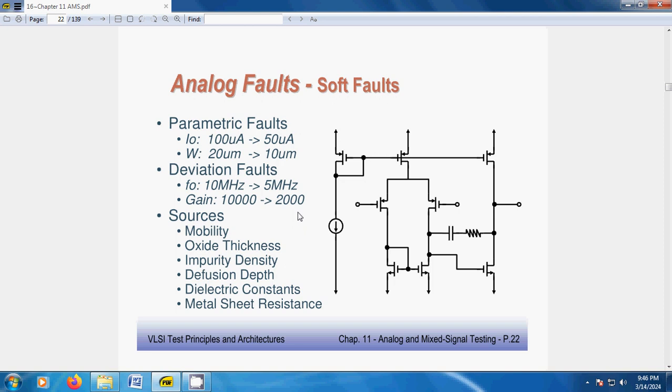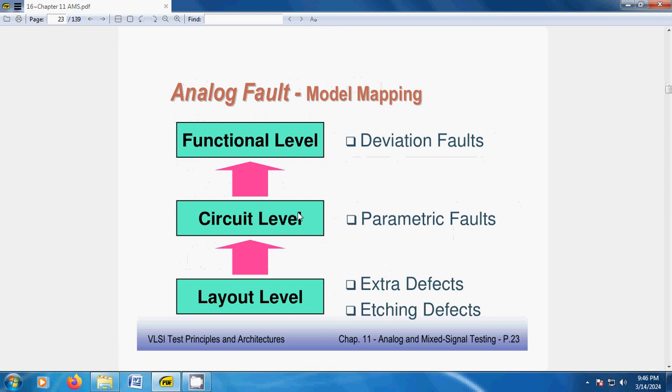So what is the fault model mapping, and what importance do we need to give to each of them? We have three different levels. Starting from the basic layout level, we have extra defects and etching defects, and after that we have the circuit level, that is parametric faults, and at the functional level we have deviation faults.